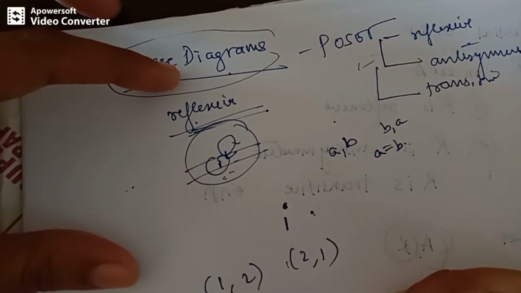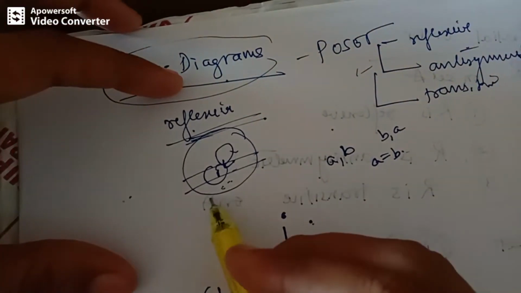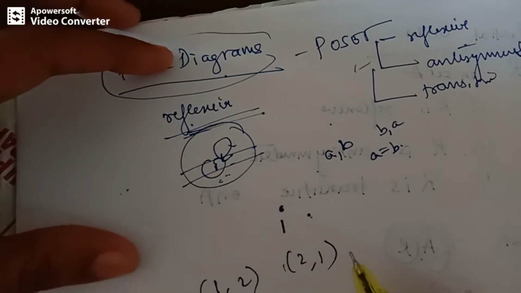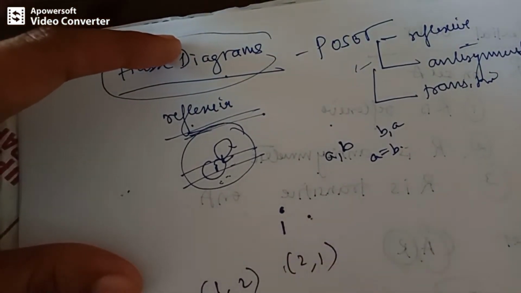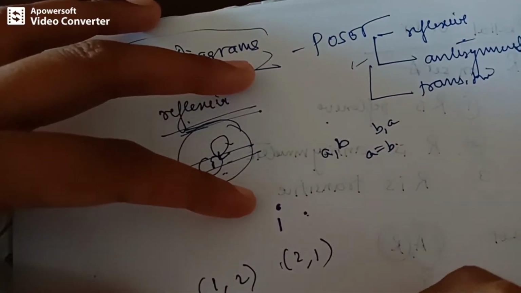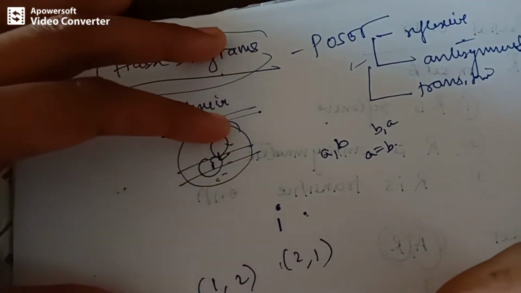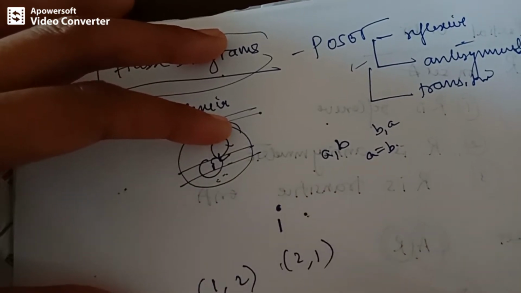Whenever a partial order is reflexive, at every vertex there would be a cycle of length 1. But while drawing the diagram, we need not exhibit these cycles. This is automatically understood. And if there is an edge from vertex A to vertex B and an edge from vertex B to vertex C, then there should be an edge from vertex A to C, right?